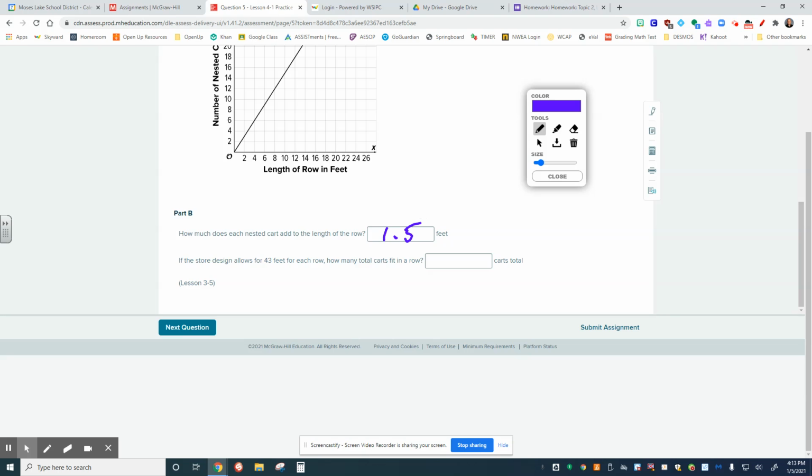And if the store design allowed 43 feet for each row, how many total carts fit in the row? Well, keep in mind that the first cart is 4 feet plus 1.5 feet per cart. So make sure you're looking at that piece. If they're talking about 43 feet for each row, then we're saying that 43 is equal to the total here. Go ahead and do the math to find that piece.